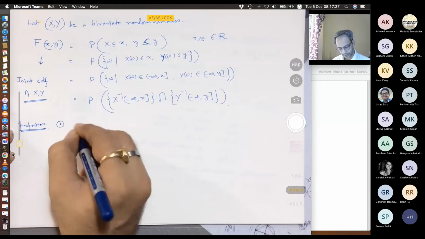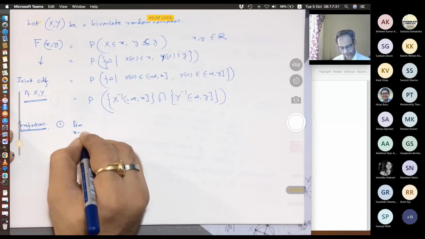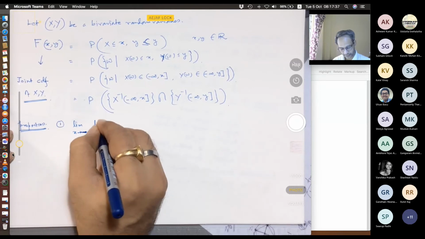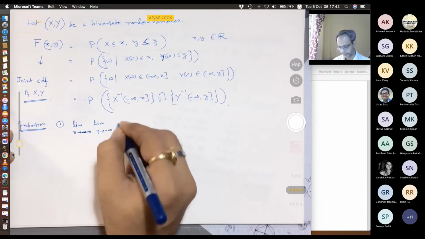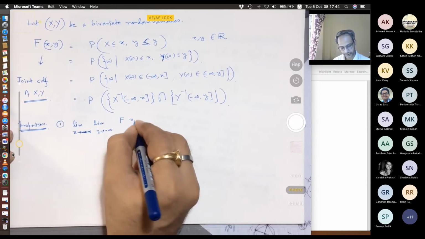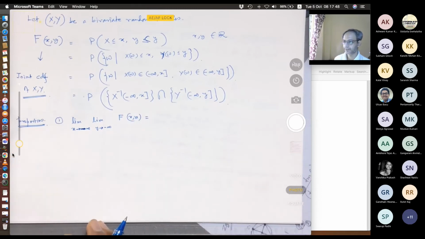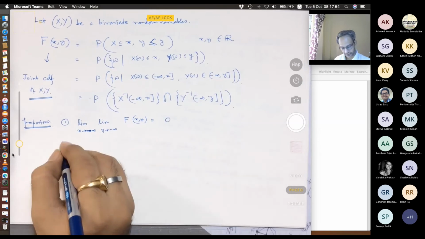One: if I say limit x goes to minus infinity, and simultaneously y goes to minus infinity, what will be the value of Fxy? Can you recall the property of zero? Yes, definitely, that is 0.